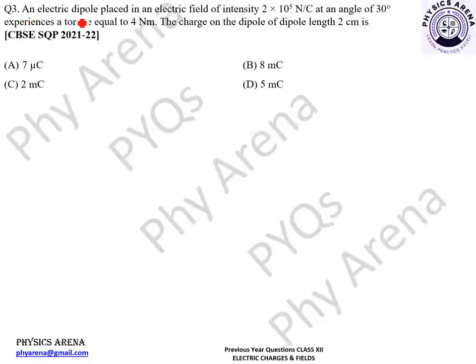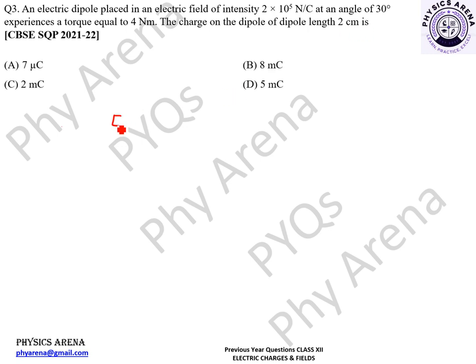Question 3. An electric dipole placed in an electric field of intensity 2 multiplied by 10 to the power 5 Newton per Coulomb at an angle of 30 degree experiences a torque equal to 4 Newton meter. The charge on the dipole of dipole length 2 centimeter is.